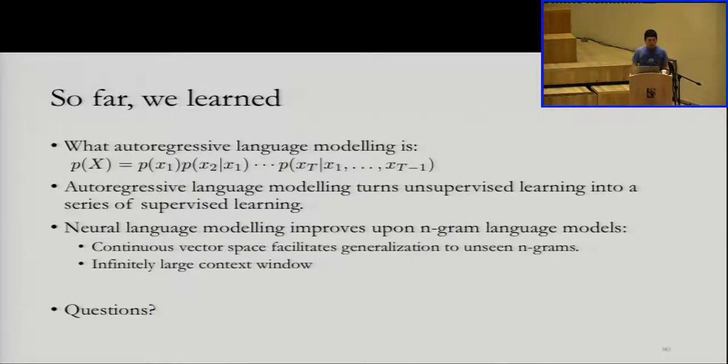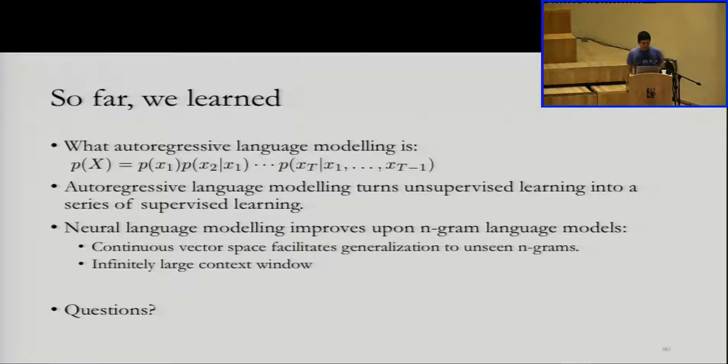Now we have learned what autoregressive language modeling is, and how this turns the unsupervised learning problem into a series of supervised learning problems. Recently people started calling this self-supervised learning. I'm not really sure about that because these people always want to introduce a new term, but how many of them actually survive?